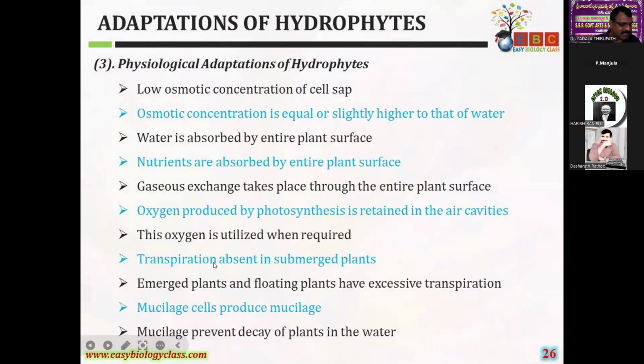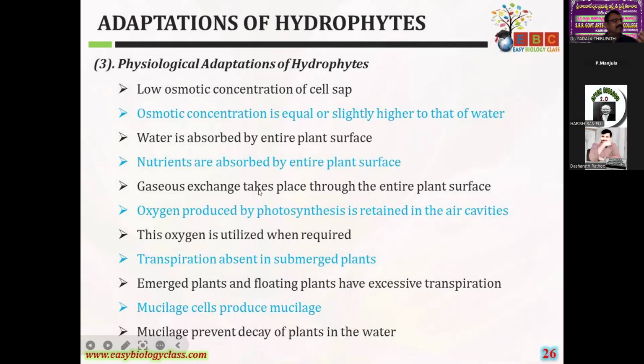Next one is the physiological adaptations of hydrophytes. There is low osmotic concentration of the cell sap, and osmotic concentration is equal or slightly higher than that of the water. Water is absorbed by the entire plant surface, and nutrients are also absorbed by the entire plant surface.